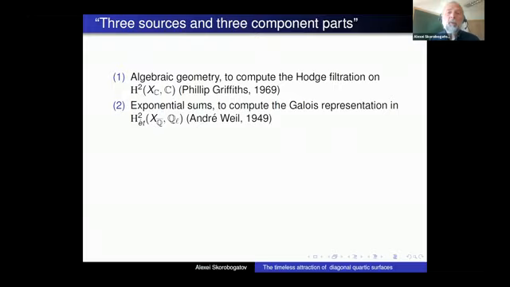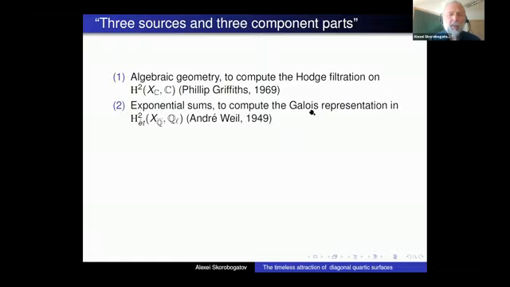But the reason we can compute this is the work by Griffiths, which allows one to determine the Hodge filtration on the second cohomology group of a diagonal surface. Of course, it's more general. This applies to any diagonal hypersurface in projective space.